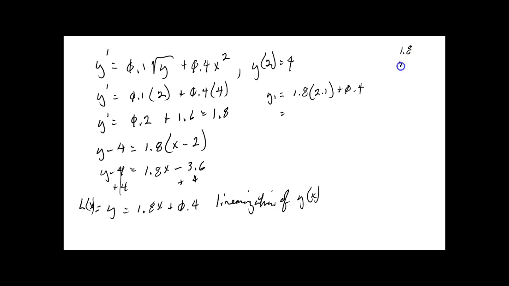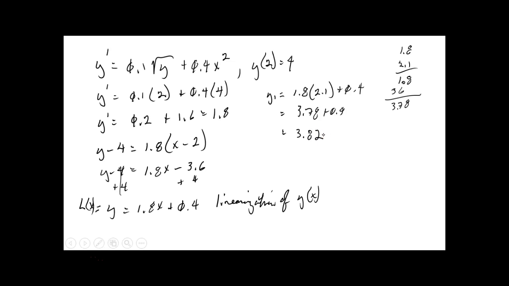1.8 times 2.1, and that would be 1.8, 16, forget about the point there, 36, so that would be 378. 3.78 plus 0.4, and that would be 3.82.